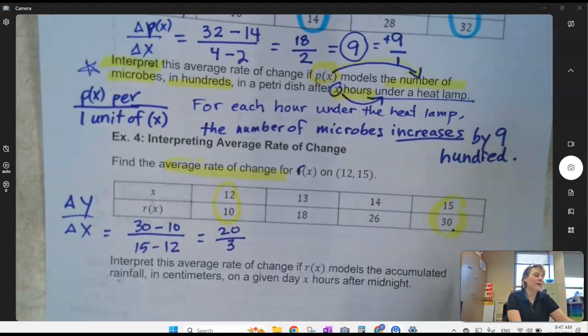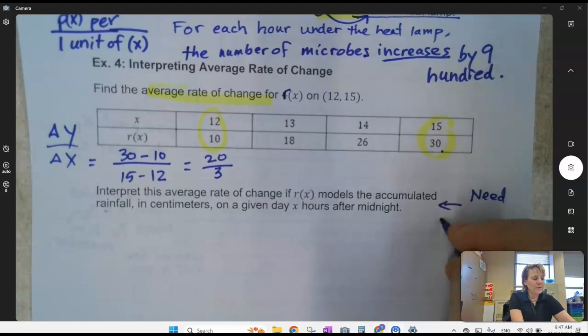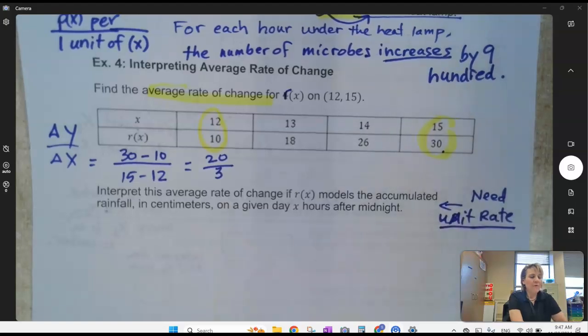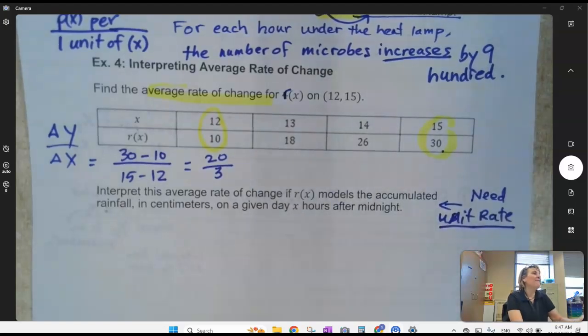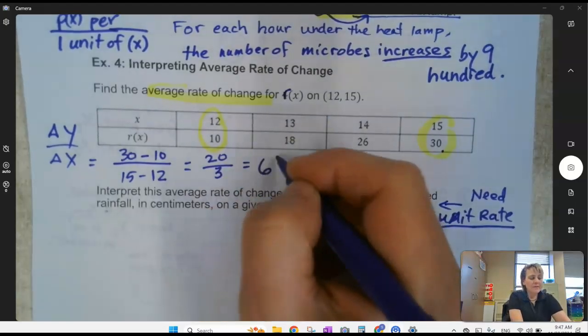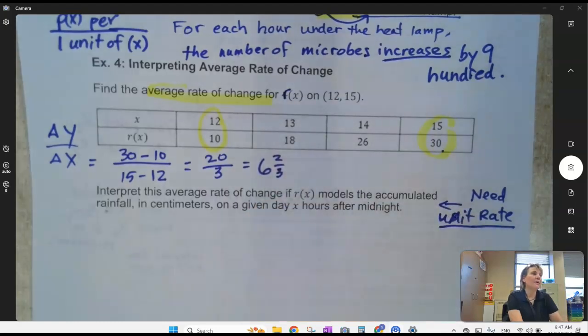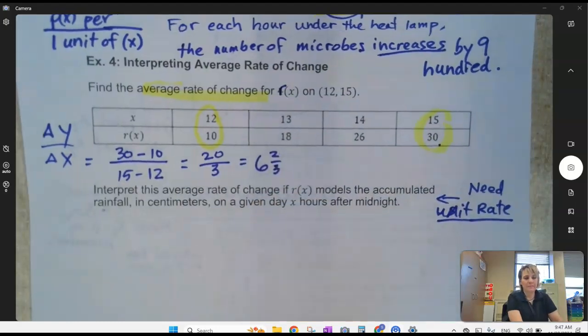Now we do want to get a unit rate, because we have to use the unit rate for interpreting. We wanted that per 1 in the bottom, so I can't leave it as 20 over 3. This simplifies to 6 2/3 or 6.6 repeating.